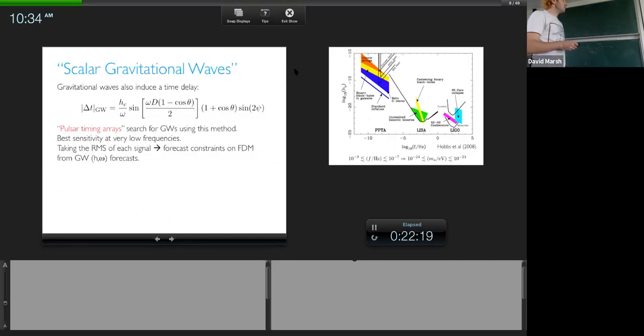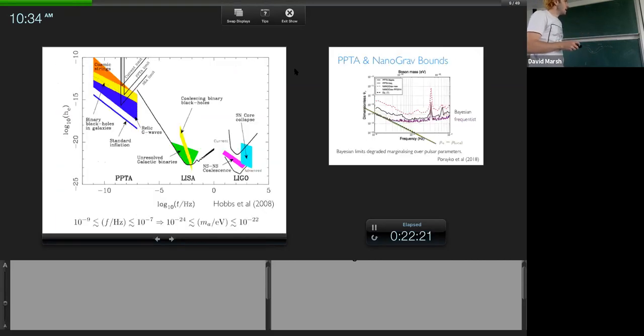So here's a nice summary from this paper by Hobbs et al. 2008, which was making forecasts for what the Parkes pulsar timing array would do, and it now has done, for constraining stochastic gravitational waves. So here's your frequency. Something like LIGO is detecting gravitational waves at a few hundred hertz.